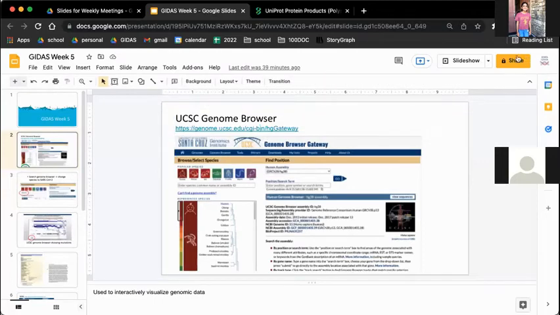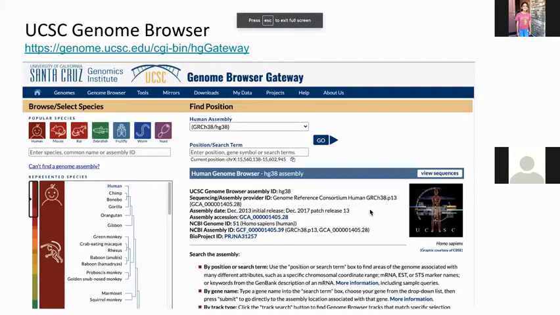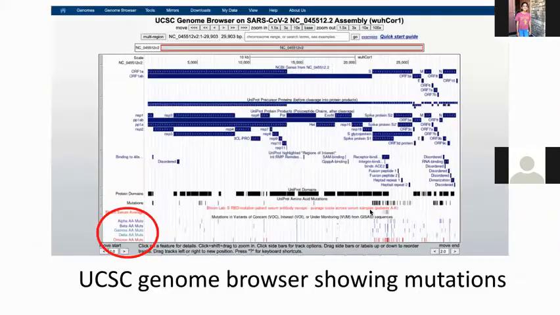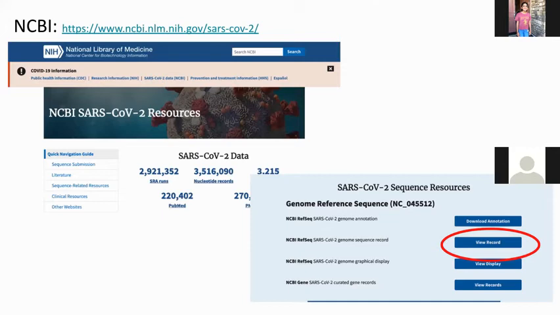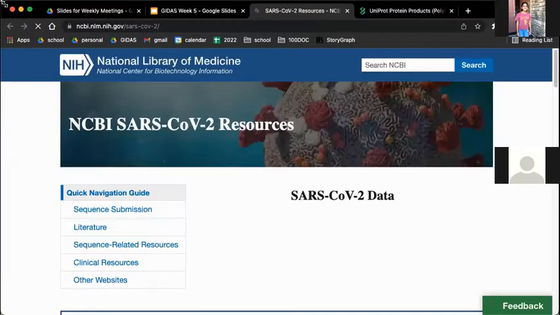Okay, so in the slides, I basically have the information for this and what you're supposed to type in and just seeing the mutations and stuff. And then here we also have another website that's good for visualizing genomes.